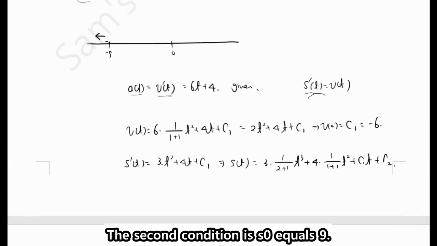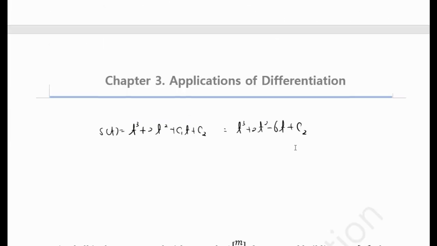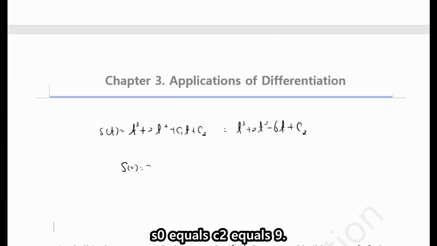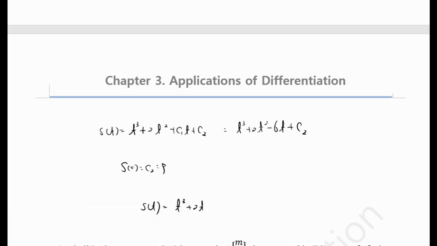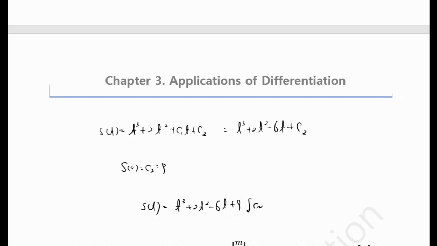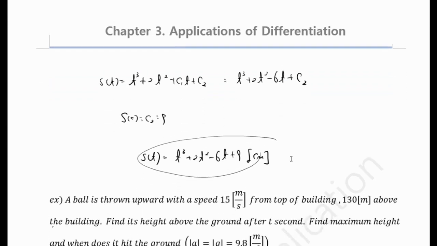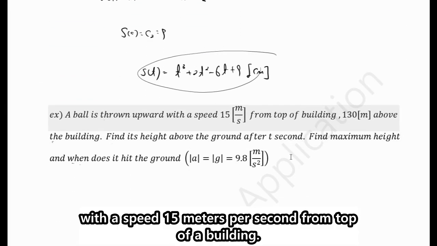The second condition is s(0) equals 9, so s(0) equals c2 equals 9. So the displacement at time t is t cubed plus 2t squared minus 6t plus 9, and the unit is centimeters. This is the answer.